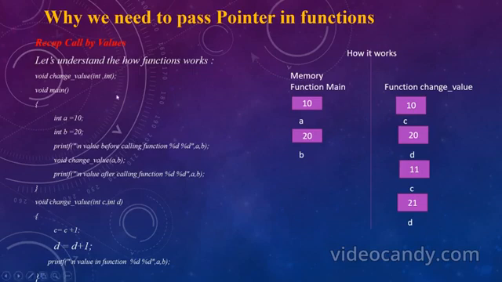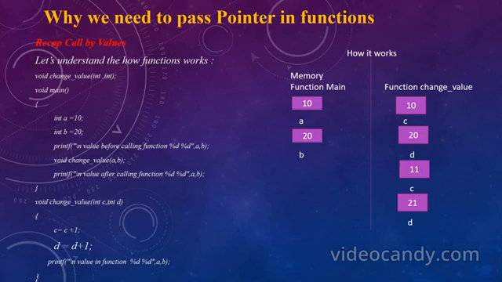So this is a program. If you remember, in the function topic we have two variables, int a and b, and we are calling a function change value, passing a and b into it.